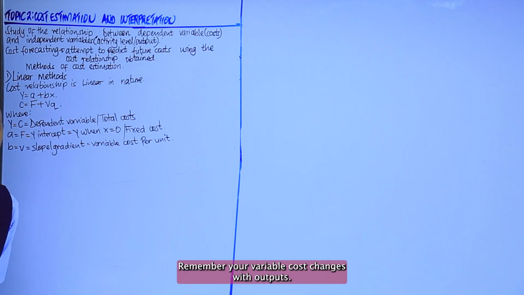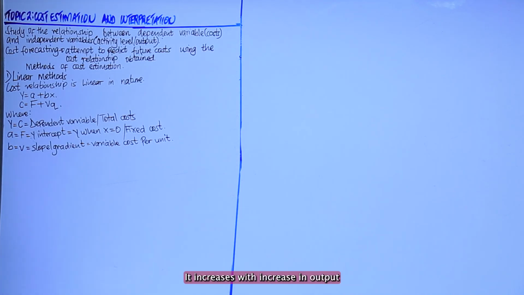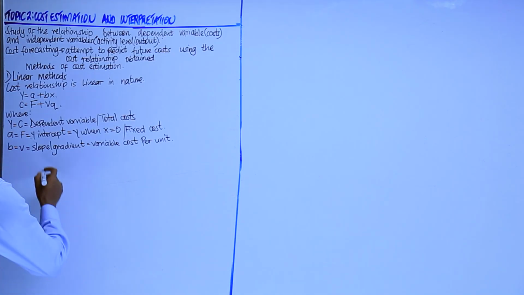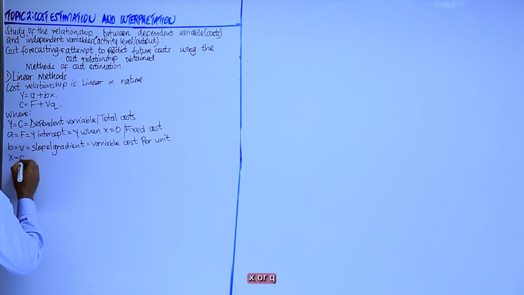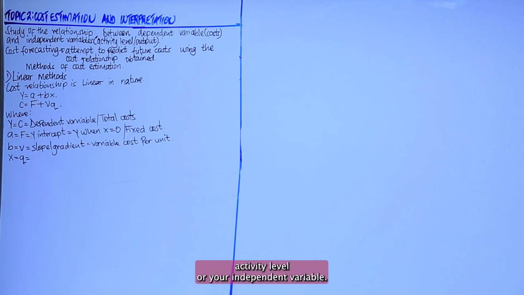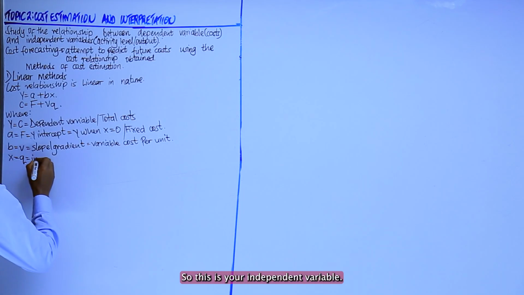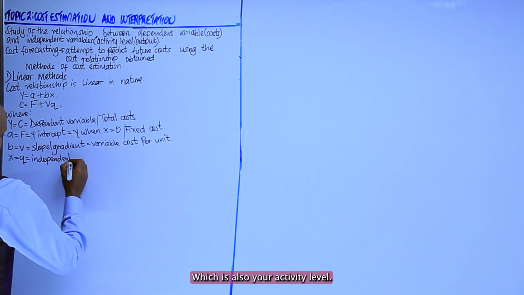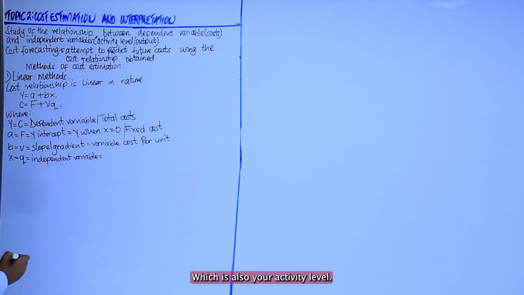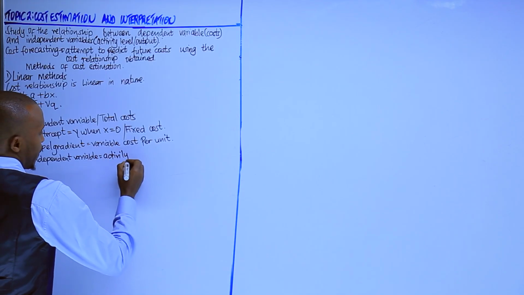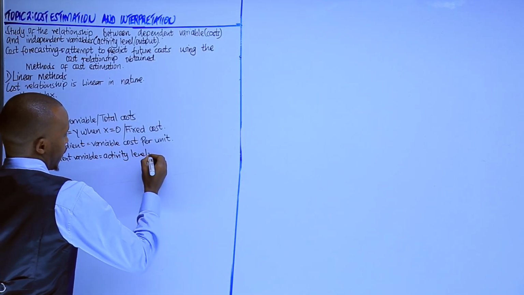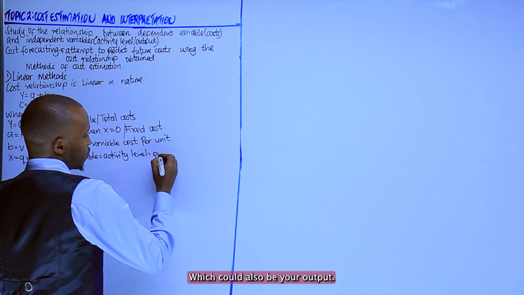Remember, your variable cost changes with output. It increases with an increase in output and decreases with a decrease in output. X or Q is your activity level, your independent variable, which could also be your output.